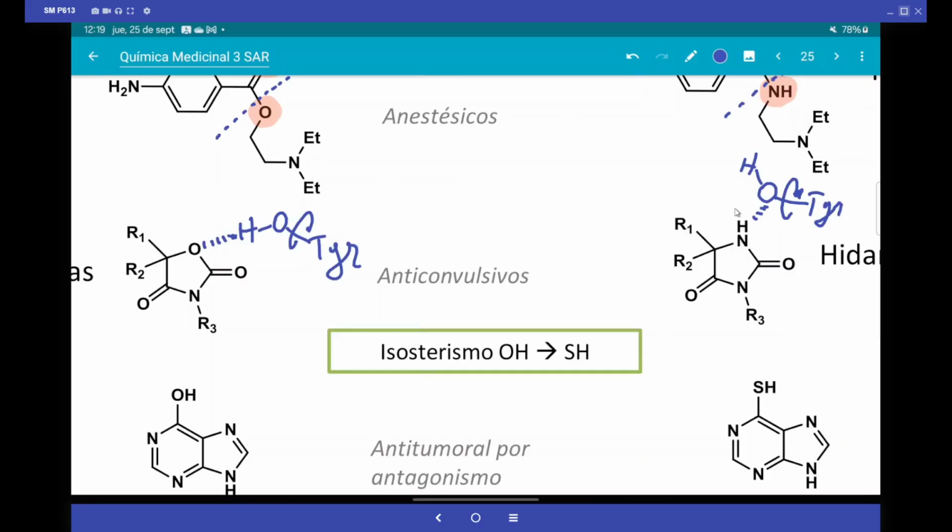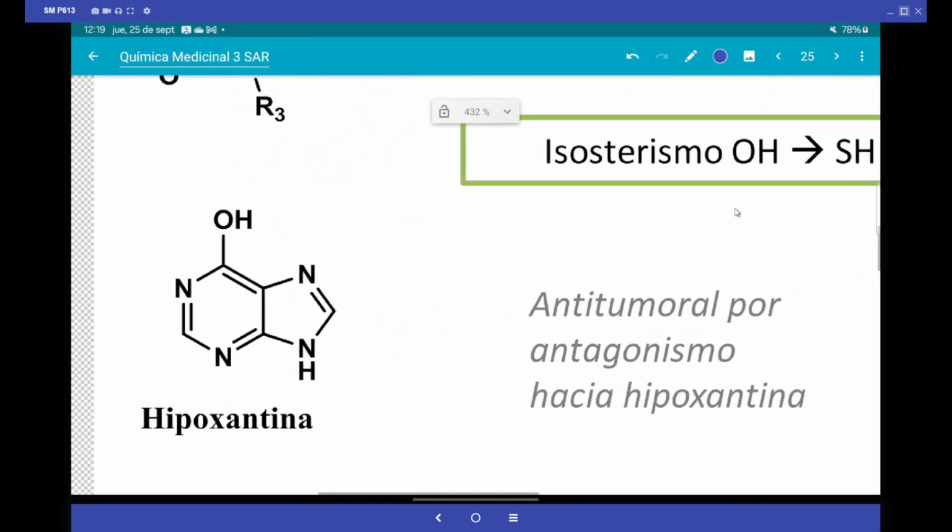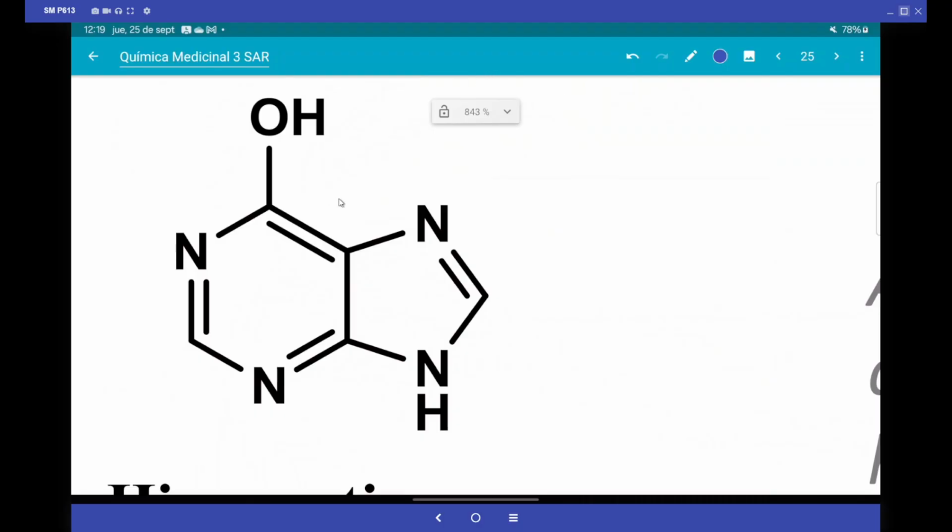Next example, we have a cyclic base. This type of bases are part of genetic material and of antineoplastic pharmaceuticals. These are two rings, a pyrimidine and an imidazole, and there is a hydroxyl above, but the system at the base is a purine, the whole purine cycle.